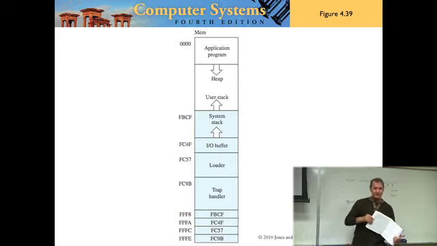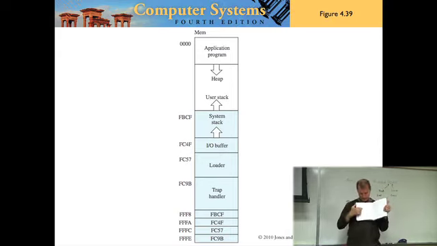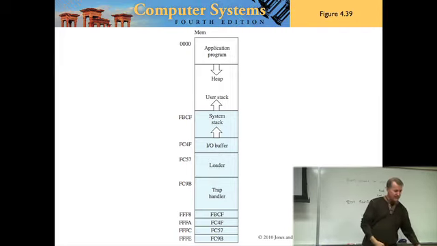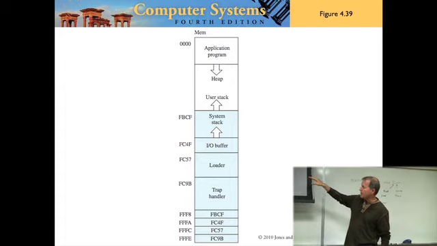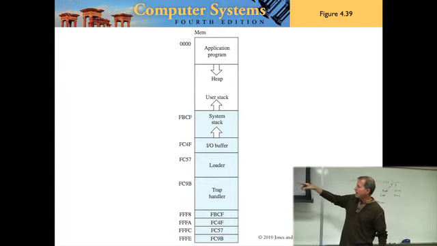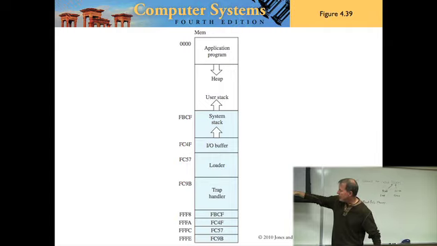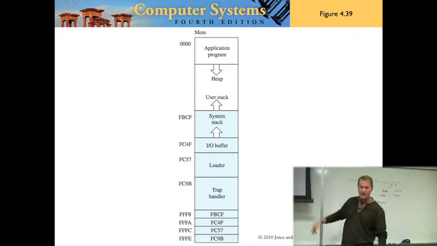Here's a picture of the loader program. That's the address of the first instruction of the loader, and then what's in FFFE? The address of the trap handler? Yeah, the address of the first instruction of the trap handler.